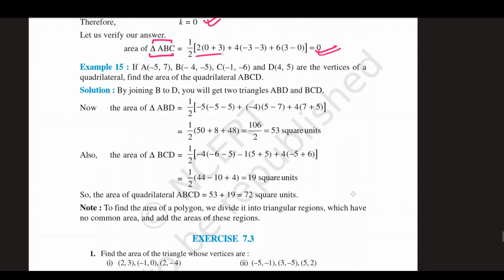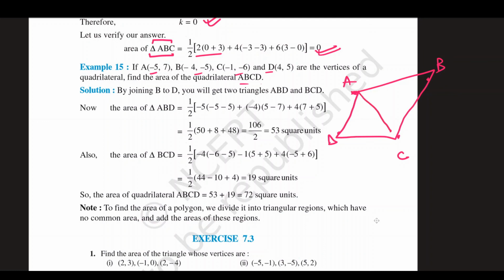Now the question is: if A, B, C and D are the vertices of a quadrilateral, find the area of quadrilateral ABCD. If we have a random quadrilateral, we can always divide its area into two parts.